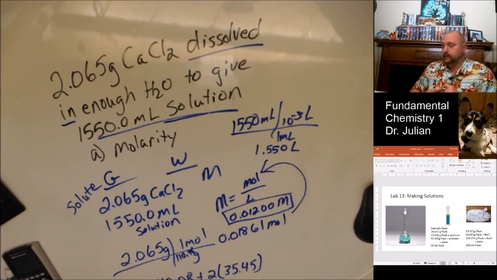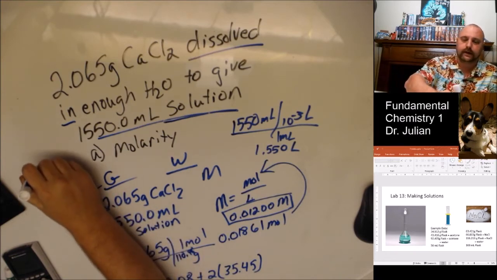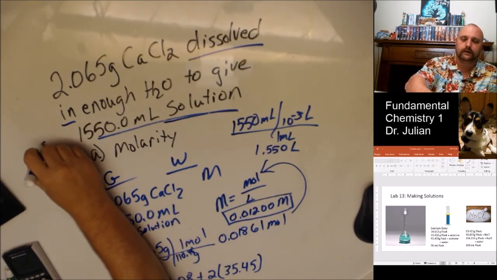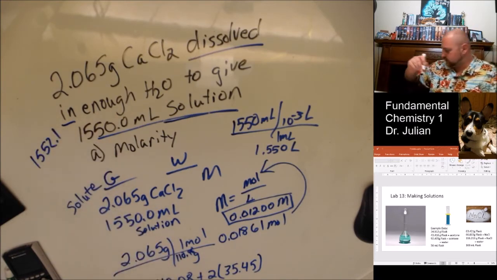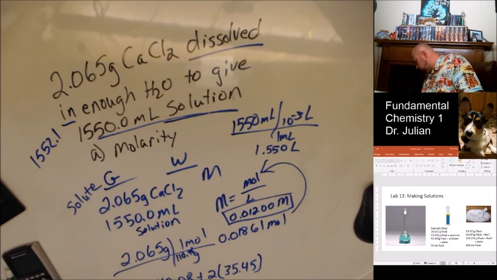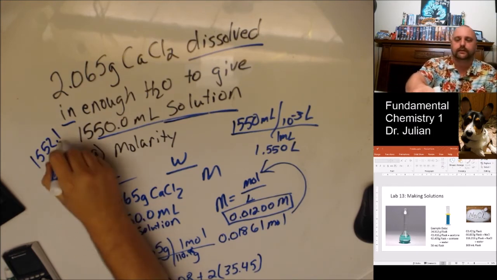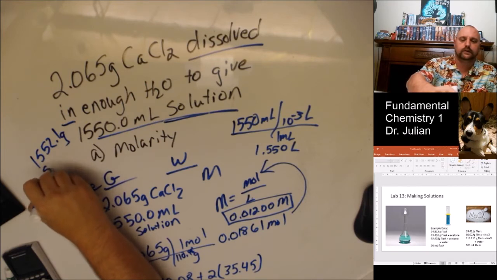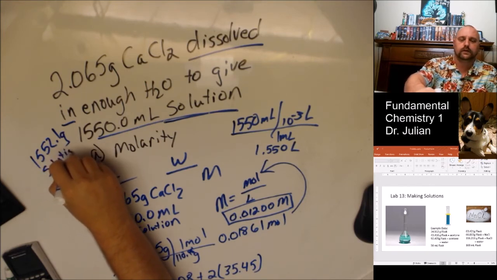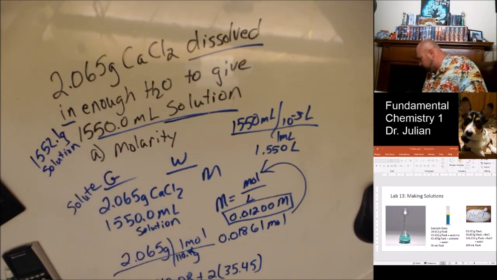Okay, so part B, it says, hey, here's the mass of the solution, and it says the mass of the solution is 1552.1 grams, and that's solution. And then it wants to know what is the density of this solution.